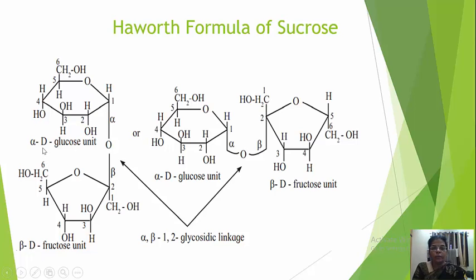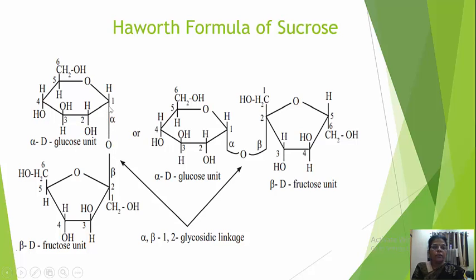Here the alpha D glucose unit uses the anomeric hydroxy group present at carbon number 1, and the beta D fructose uses its anomeric hydroxy group present at carbon number 2, and removal of an H2O molecule takes place to form this O linkage, that is the glycosidic linkage.